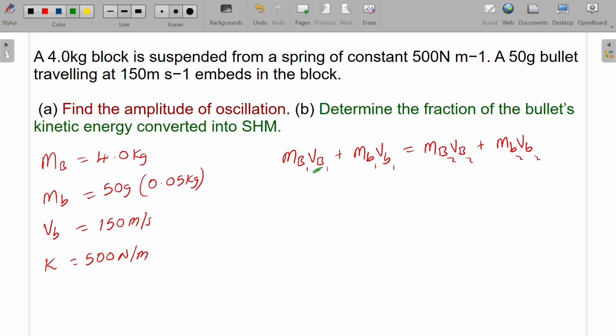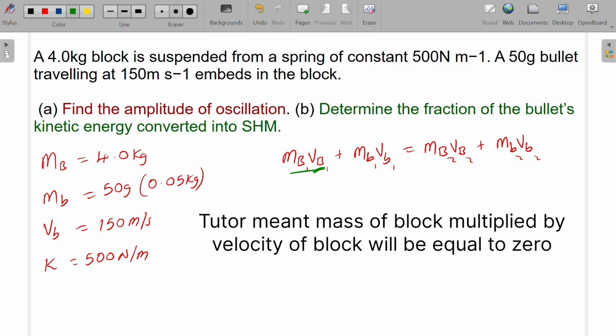So now replacing with what we have here, this expression here, mass of block multiplied by velocity of block, will be equal to 0 because the speed is 0 since it wasn't moving initially. So this part will go, since anything you multiply by 0 gives you a 0.